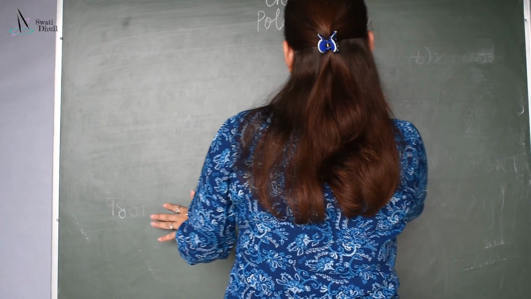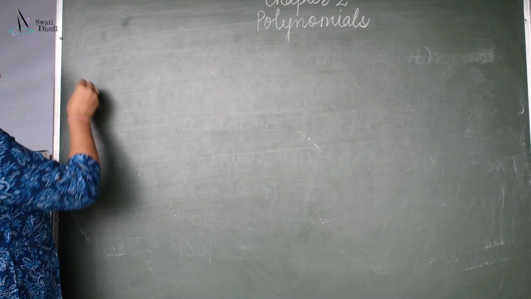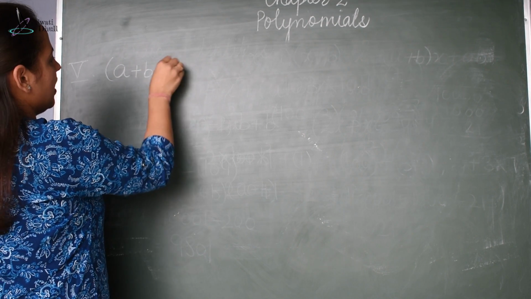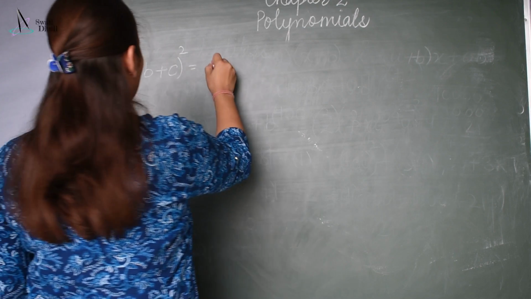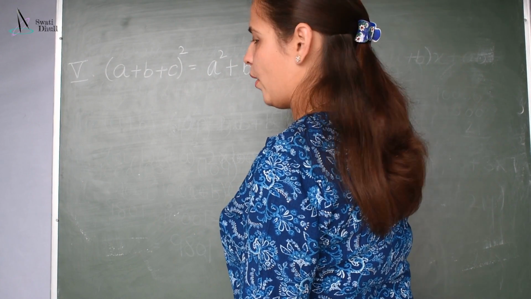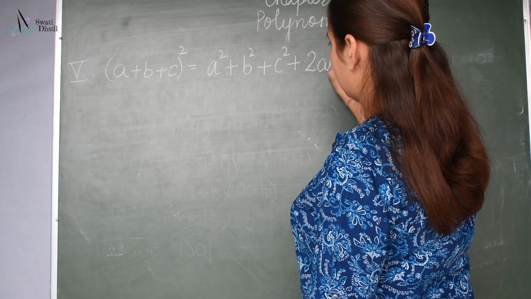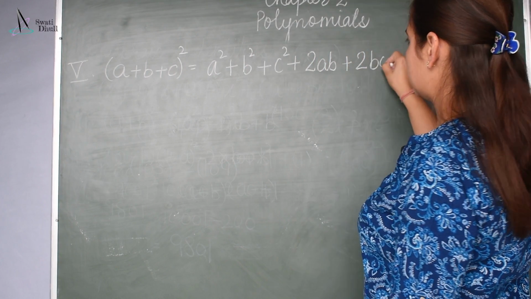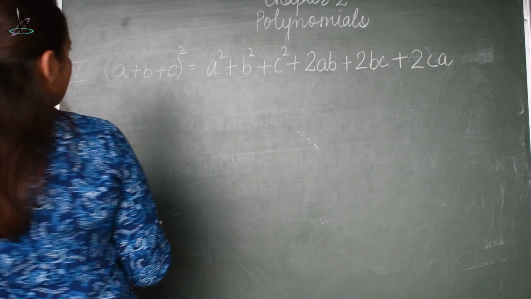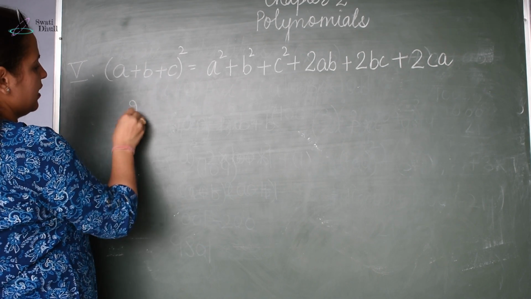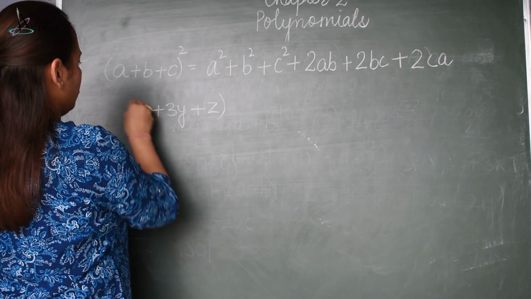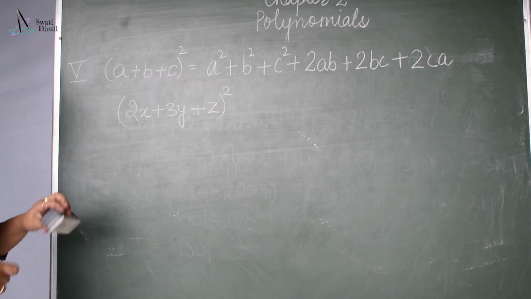Now the next identity is your fifth identity, which is (a + b + c) whole square is equal to a square plus b square plus c square plus 2ab plus 2bc plus 2ca. Now let's take an example for this identity. If I say (2x + 3y + z) whole square, now you have to expand it.